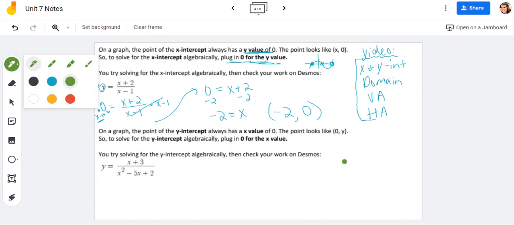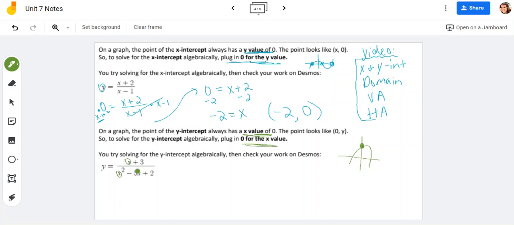On the other hand, if we think about a Y-intercept, so drawing myself a little graph again, our Y-intercepts are any places where it's touching the Y-axis, and the X value is 0. So if we want to solve this algebraically, instead of using Desmos, we plug in 0 for the X value. So all these places where I see an X, I'm going to put 0.